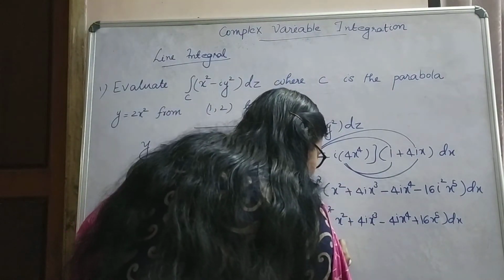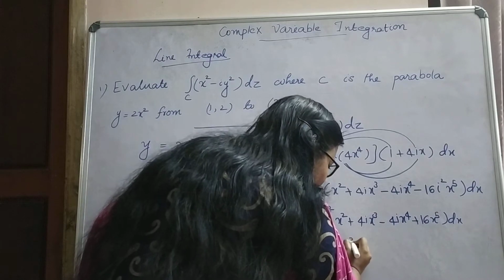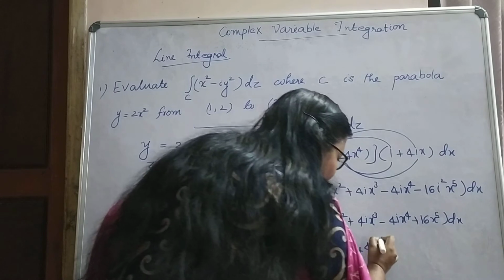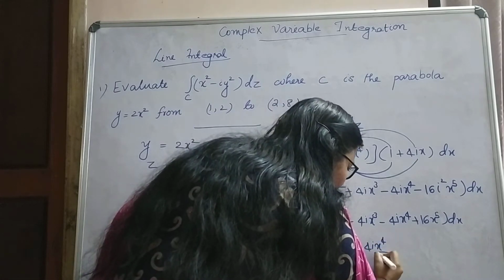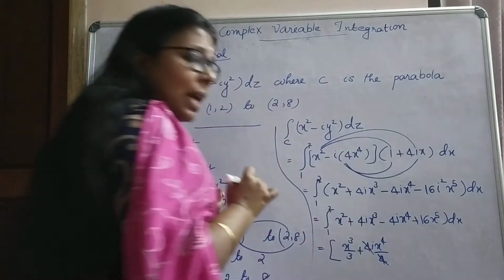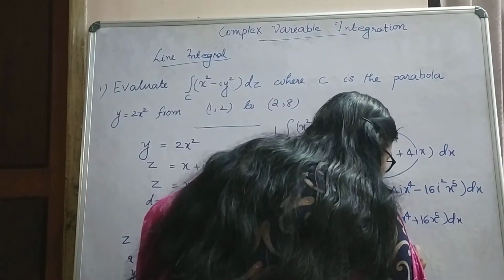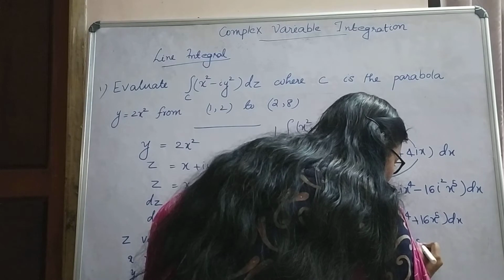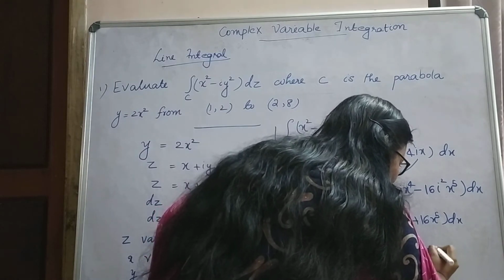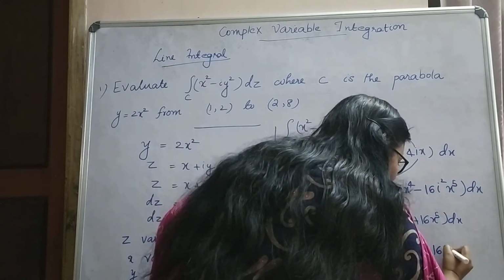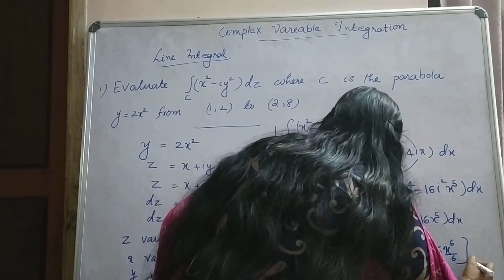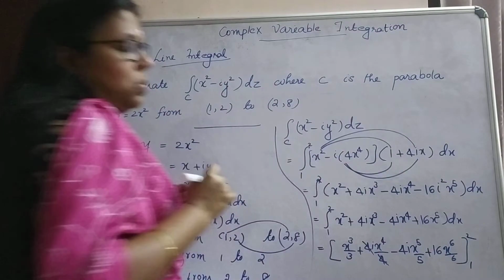Integral of x square is x cube by 3, plus 4i into integral of x cube, which is x raised to 4 by 4, here 4 will get cancelled. Minus 4i into integral of x raised to 4, which is x raised to 5 by 5, plus 16 into integral of x raised to 5, which is x raised to 6 by 6. The limit is 1 to 2.